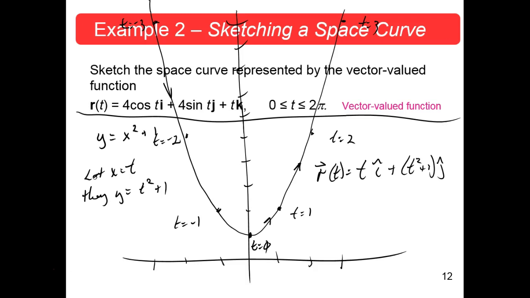Then for any x equal t, y is going to be t squared plus 1 for every one of them. So then you take this x and put in for your x here, that would be ti plus t squared plus 1 j. T squared plus 1 parenthetical j. And that does it for you. And then all those values fit.